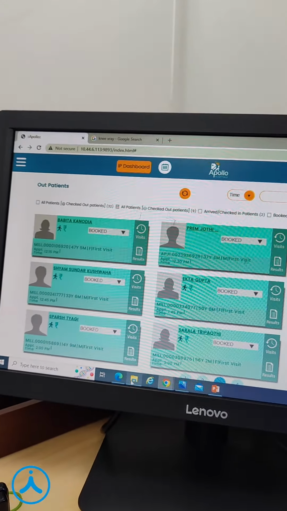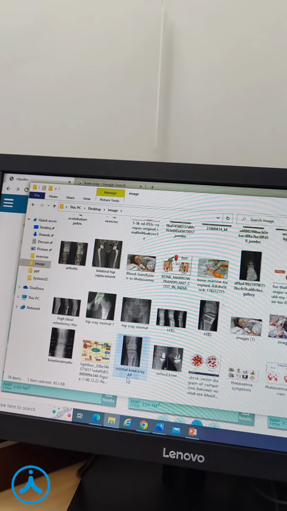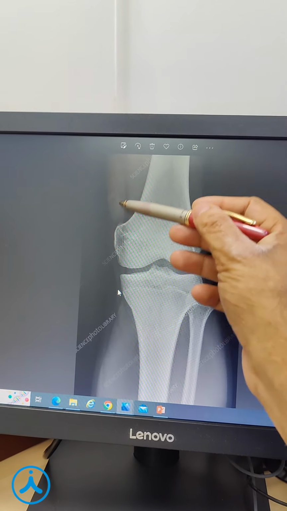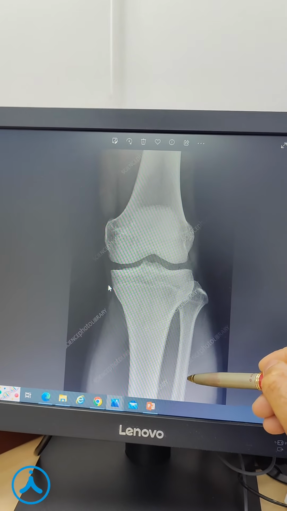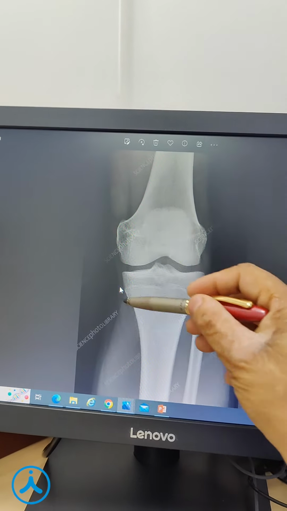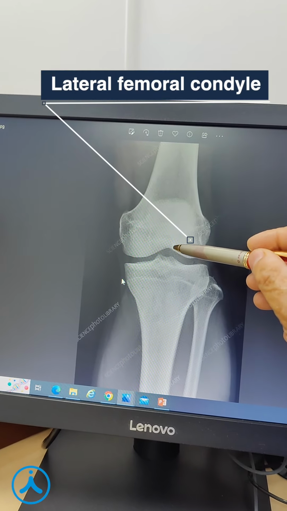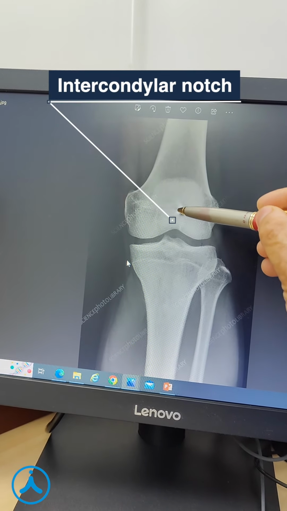But before that, we need to understand how to see a normal knee X-ray. So first we need to see what a normal knee X-ray looks like. This is the thigh bone, as we all know. This is the tibia. This one is the fibula. Now this is the knee joint. Here you can see the lateral condyle of the femur, the medial condyle of the femur, and the intercondylar notch.